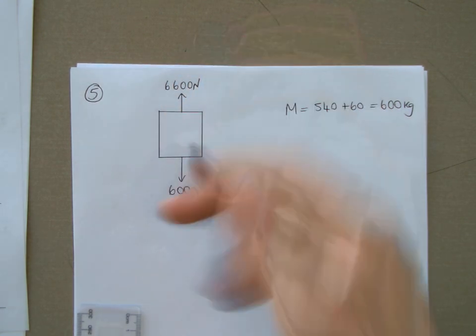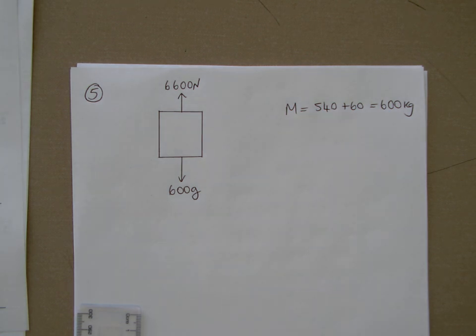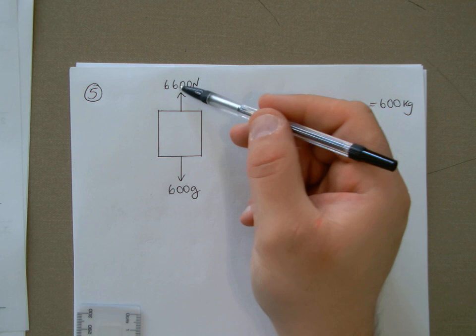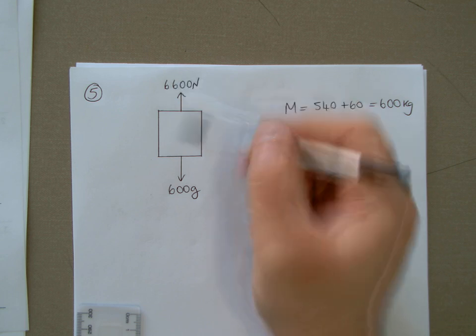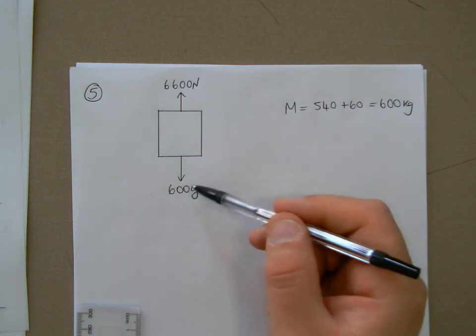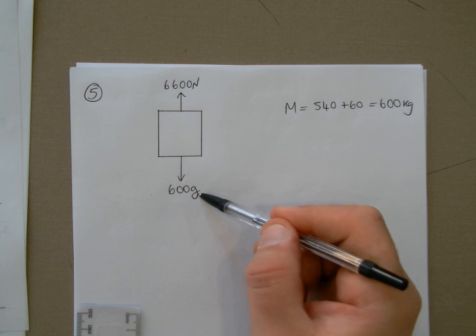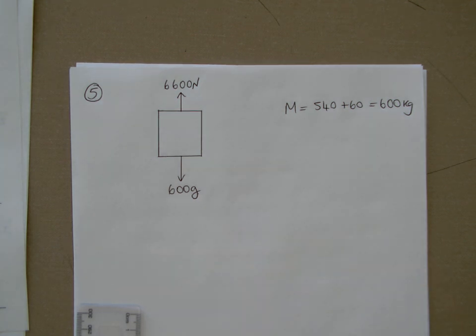Force is measured in newtons, and they say this cable is pulling up this lift with this amount of tension. But of course you've got the weight too, in newtons as well, with the mass times the value of gravity.